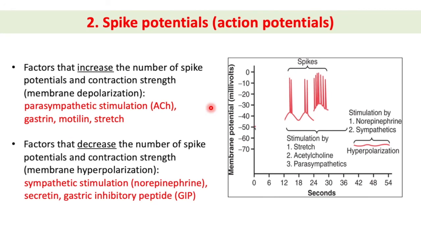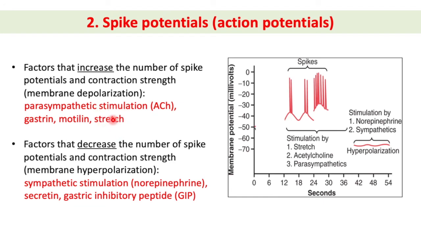There are factors that may increase or decrease the number of spike potentials and contraction strength of the GIT smooth muscle. Factors that increase the number of spike potentials and strength of contraction, in other words, are things that may depolarize the membrane. These include parasympathetic stimulation by acetylcholine, the hormone gastrin, motilin, and stretch.